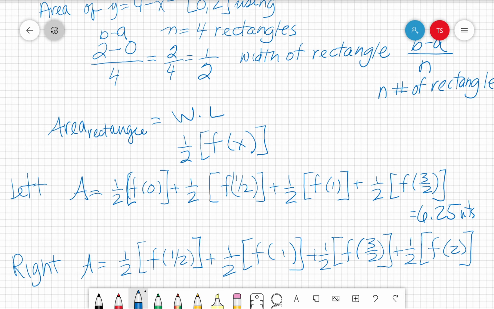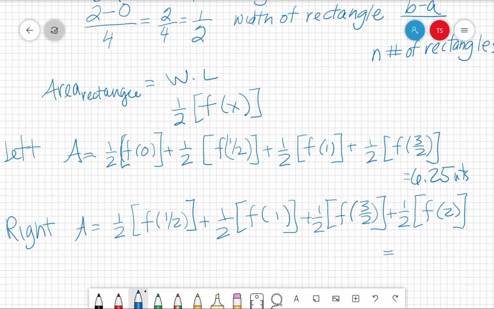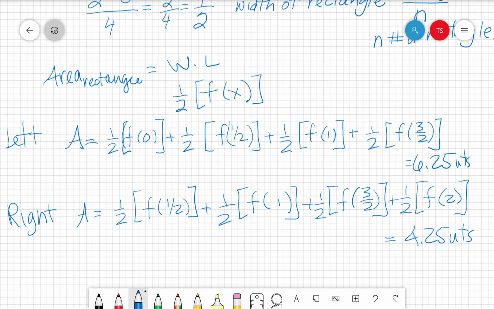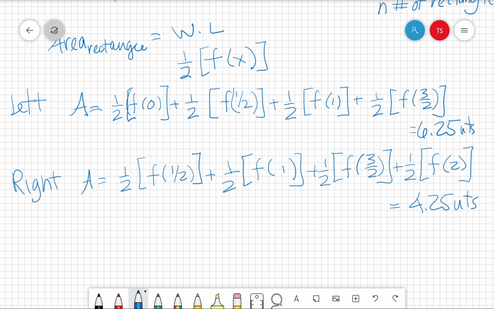And this is going to add up to 4.25 square units.